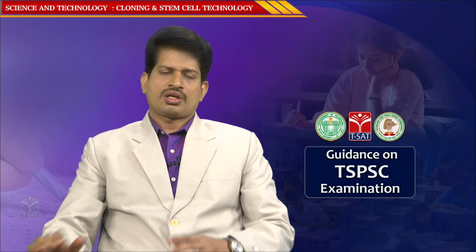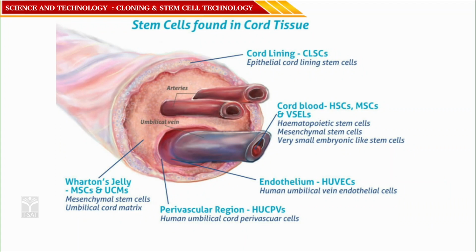Perinatal stem cells are extracted from cord blood, cord tissue and amniotic fluid. Cord blood and cord tissue can be extracted from the umbilical cord.